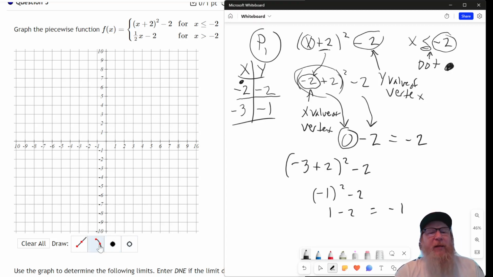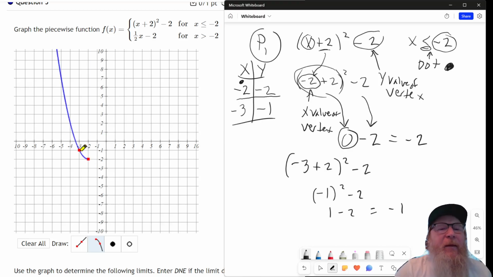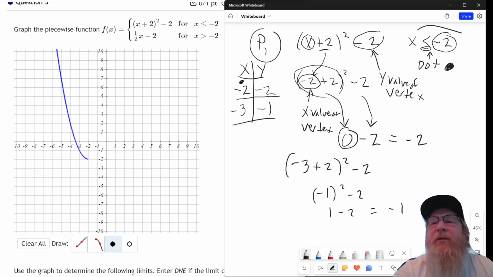Now in the tool, it looks like an upside down and it looks like the right half, but this one's actually going to be right side up, and it's going to be the left half. So just choose the appropriate tool. All right. Now I do have a solid dot at -2.